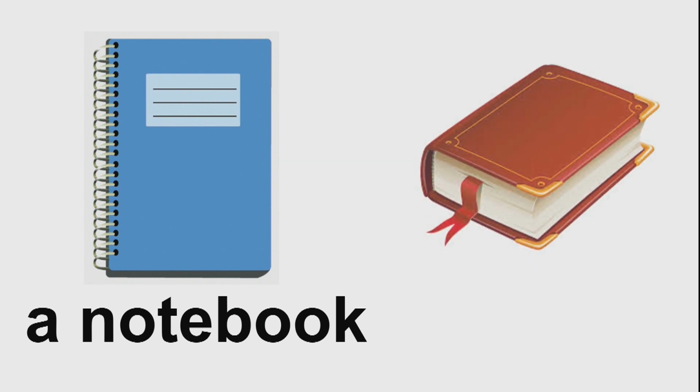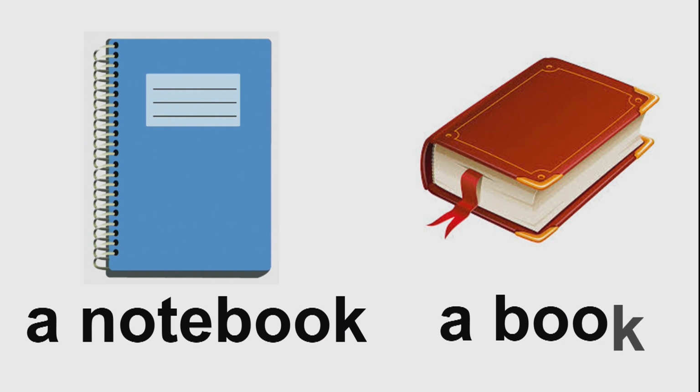N-O-T-E-B-O-O-K. How many syllables are there? 2. Where is the stress? We have double stress here. Notebook, notebook. A book, book. B-O-O-K.